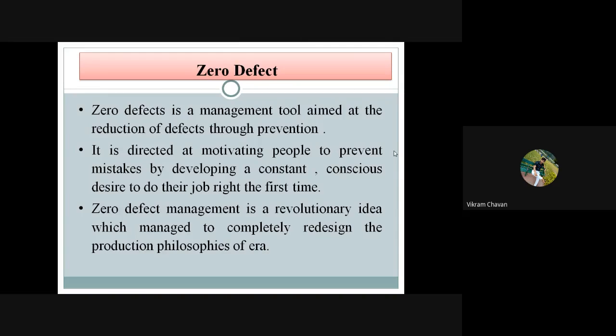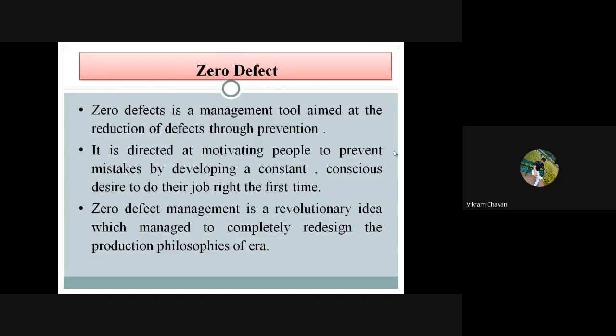Okay, and what are the flaws? The different flaws should be understood by the worker, and he should perform in such a manner that there is no defect after completion of those 100 jobs. So it is one kind of motivation that should be created by the management in the workers.